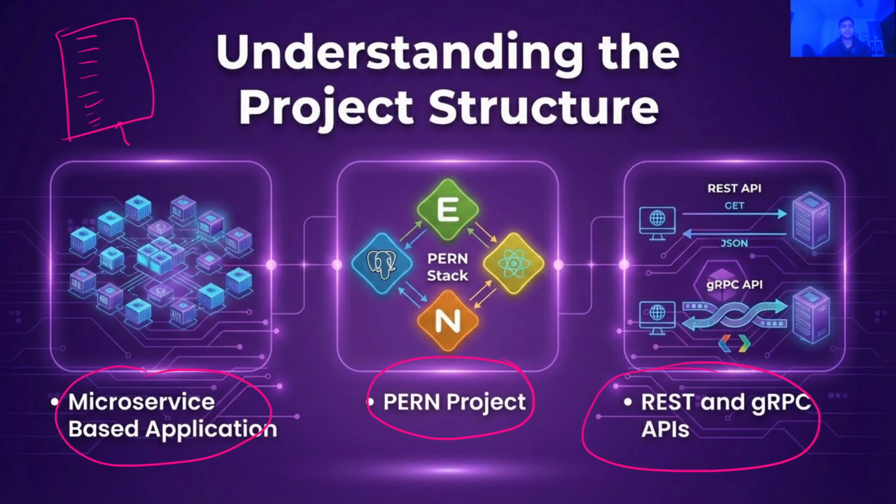The problem is, let's say you have an authentication logic, and if the authentication logic goes bad, your entire application suffers. Then we moved to something called a microservice based application.